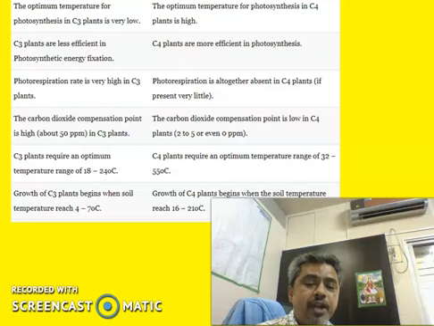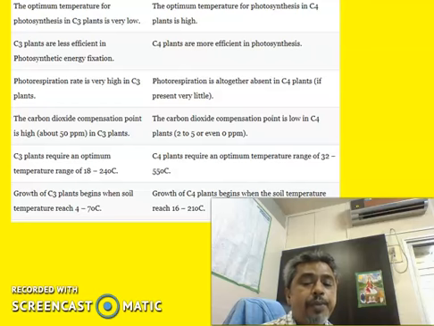C3 plants require a higher carbon dioxide compensation point, and C4 plants lower. In the previous lecture I told you up to 10 ppm, but certain literature shows 2 to 5 ppm or 0 ppm, that the carbon dioxide compensation point is low. Okay, the carbon dioxide compensation point is higher in C3, low in C4.